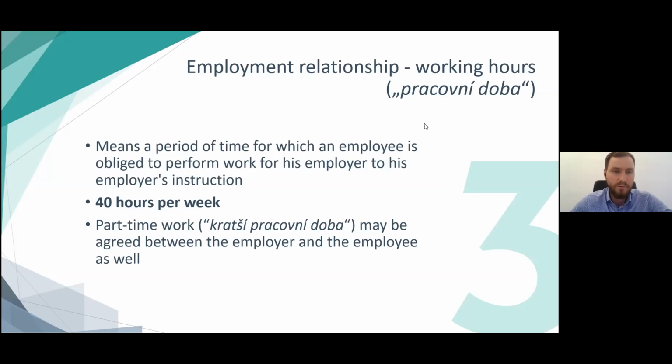That means that you don't work 40 hours per week, but you can work for 20, 30, or 15 hours. This is not very common for the reasons of the social and health insurance benefits that they don't come for the employer in this relationship, but I'll get to that later. So usually when you see an employment relationship set by the labor contract, it's for 40 hours per week.